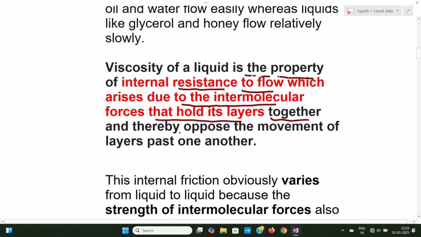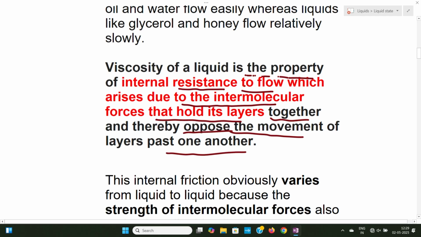Together, and thereby oppose the movement of layers past one another. Because of the intermolecular forces that hold these layers, what will happen? The movement of one layer will be slow. That is viscosity.